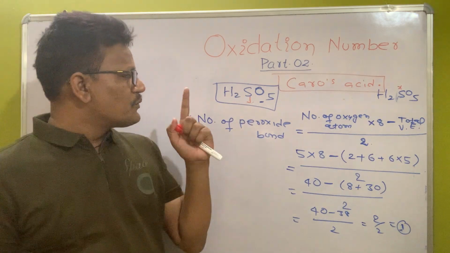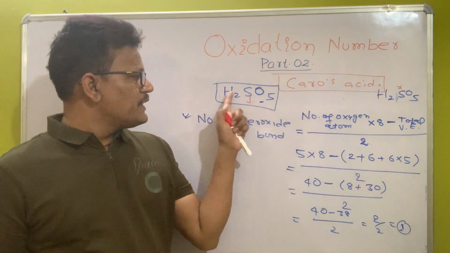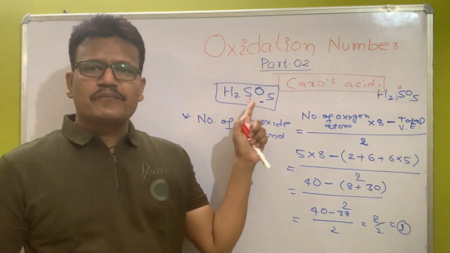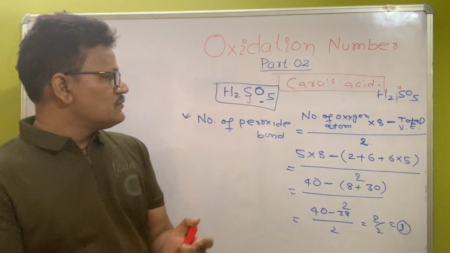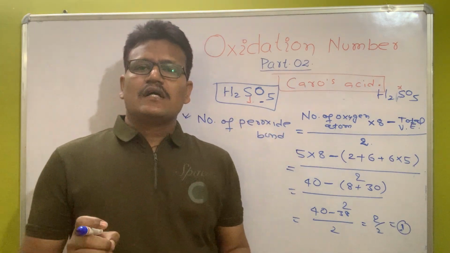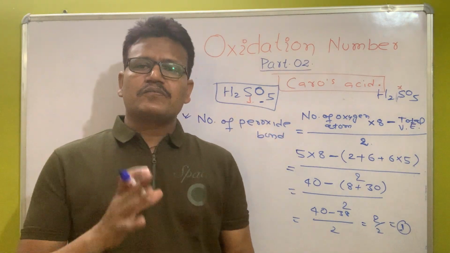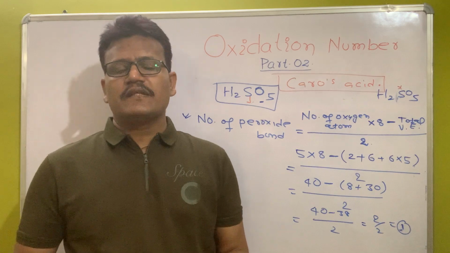That is 2 oxygen atoms in case of H2SO5 share their electron and form peroxide bond between them.